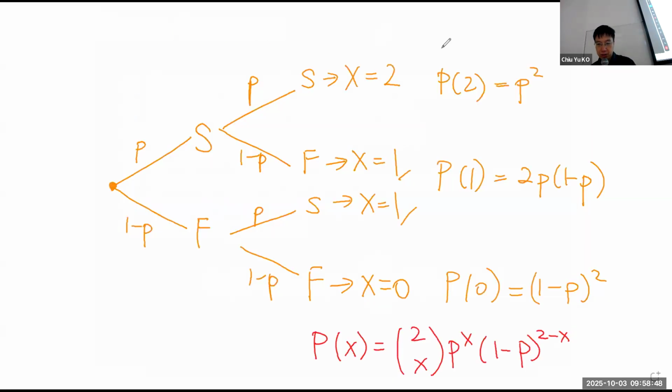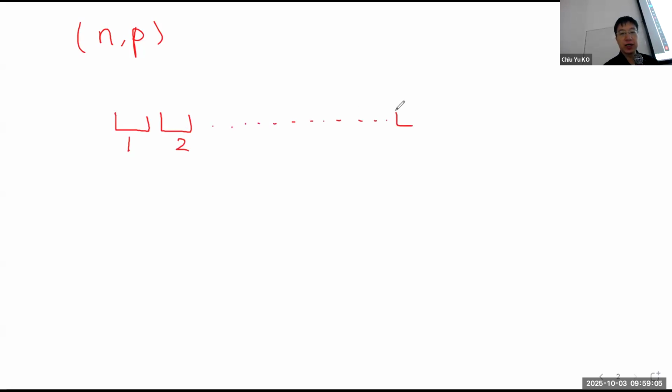Let me draw a picture. What are we doing in the binomial? Binomial with n and p is the following, right? You will have box number 1, box number 2, and so on up to n. And you open one box, each box will have 2 outcomes, either fail or success with probability p, right?